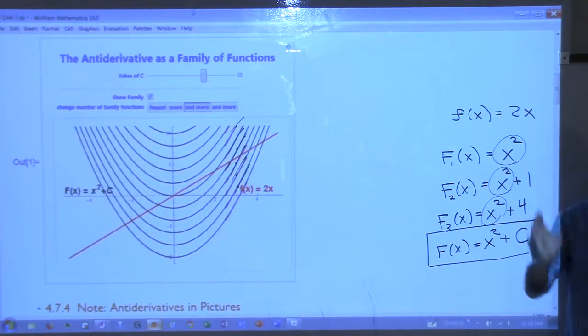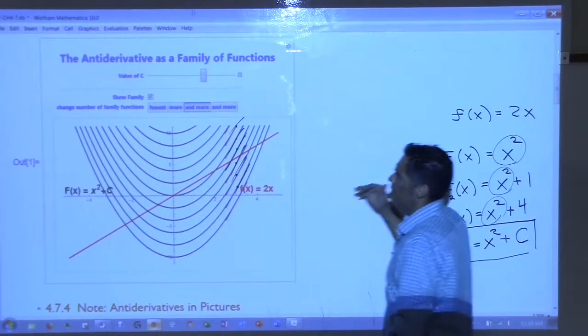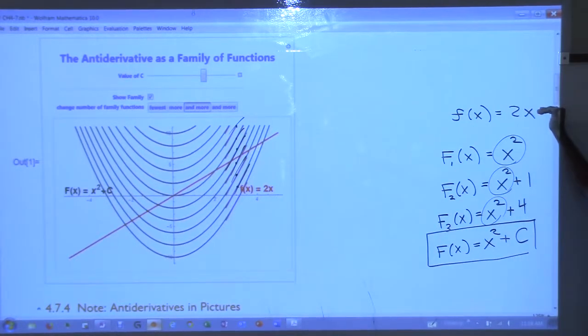So moving the function up and down has no impact on the slope of the tangent line at a given point. If you're going to take anything away from this, remember that given a function, the antiderivative creates a family of functions that all have the same shape, just moved up and down. That's it. All right?